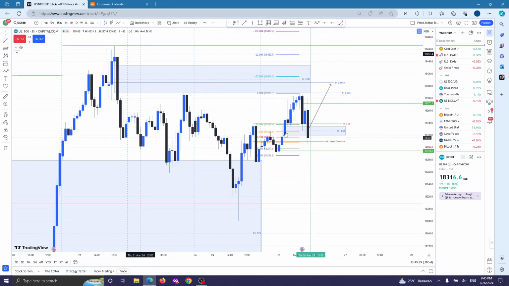Where's price going here? We're still in the mean threshold, holding price here.